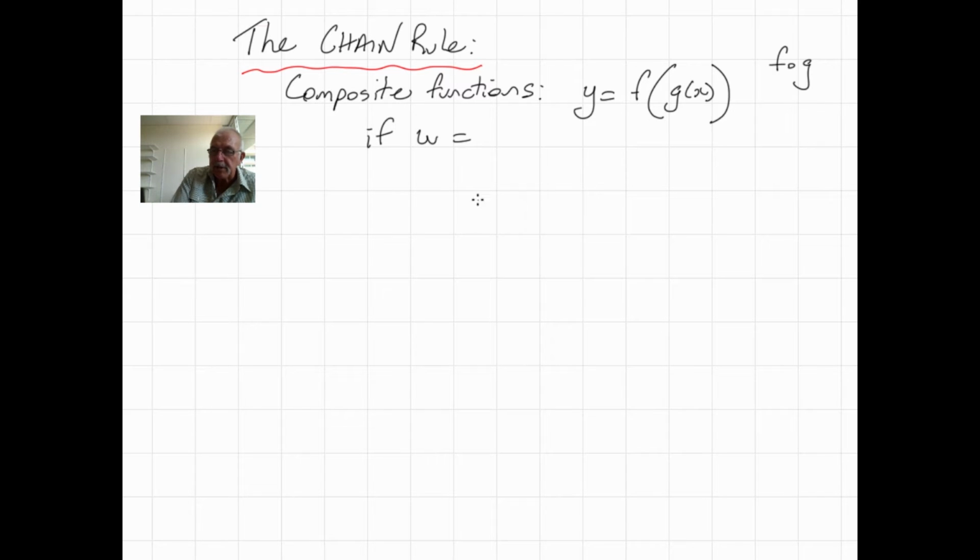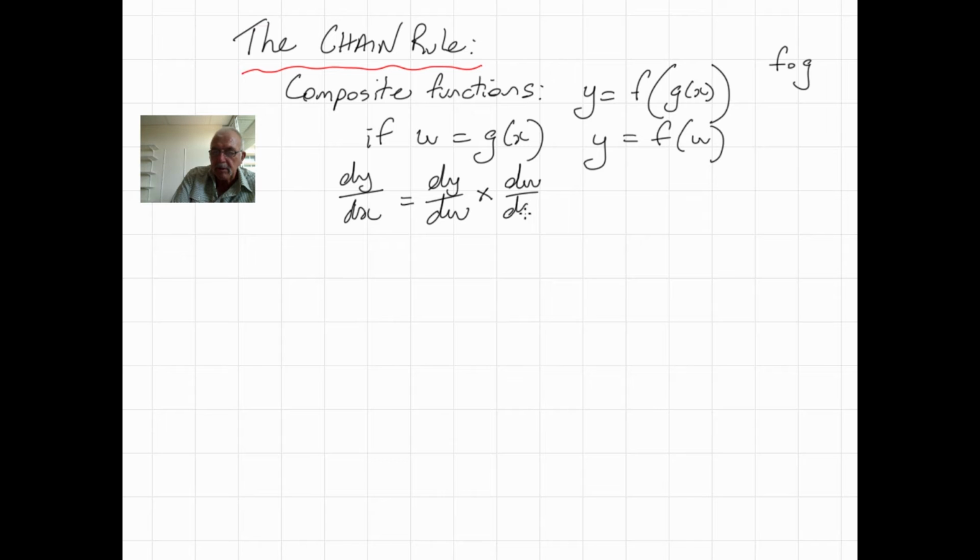If u is this function here, so u equals g of x, and y is equal to some function of u, so instead of that g of x there, we can put u, so y is a function of u, then dy dx, and this is the chain rule, is equal to dy du, the derivative of y with respect to u, times du dx.